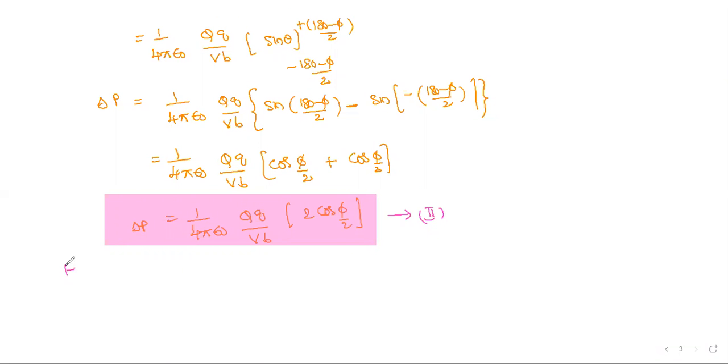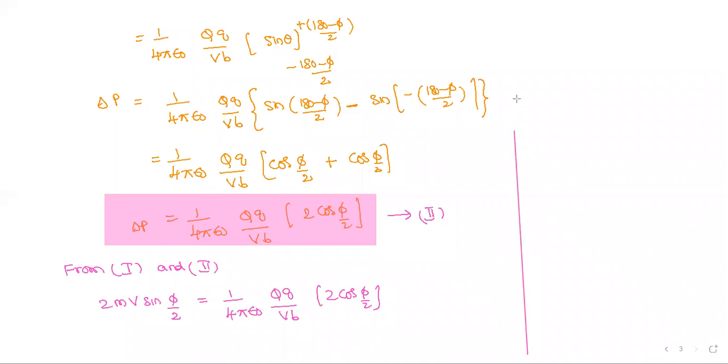So delta P from 1 and 2: 2mv sine phi by 2 is equal to 1 by 4 pi epsilon naught QQ by vb into 2 cos phi by 2. If you cancel 2 and 2 over here, and suppose I want to calculate b, I take b to the left hand side, and I will get finally here.